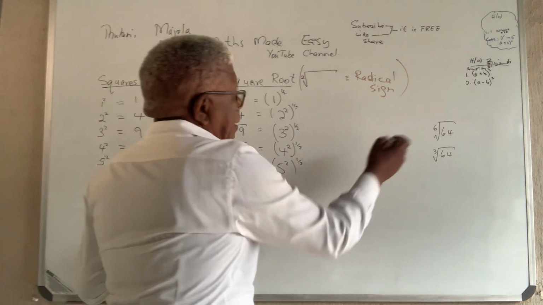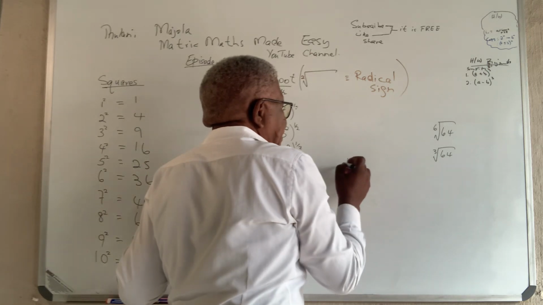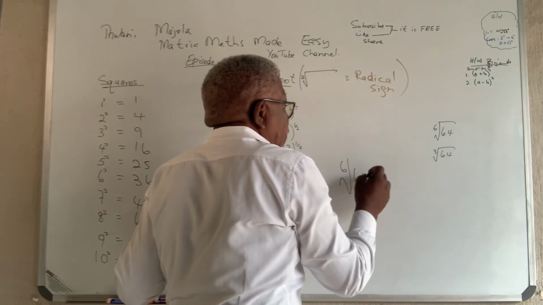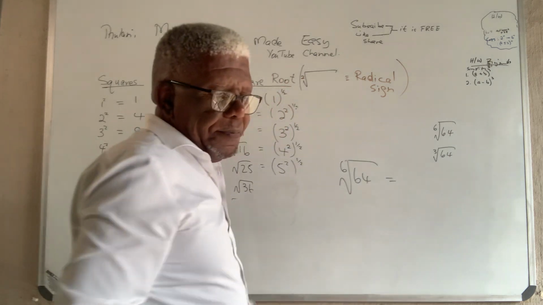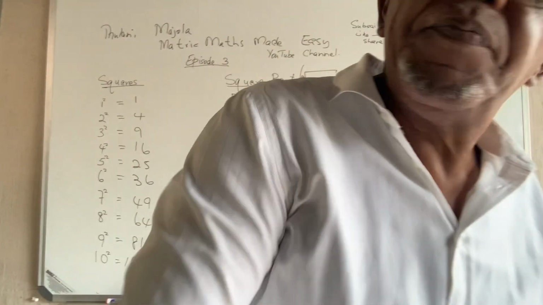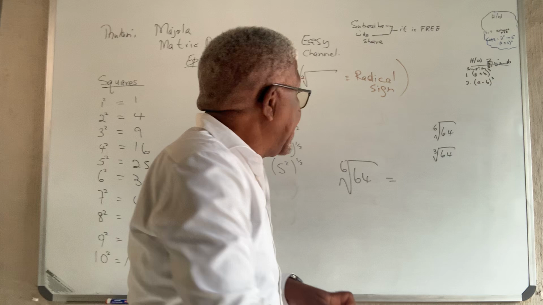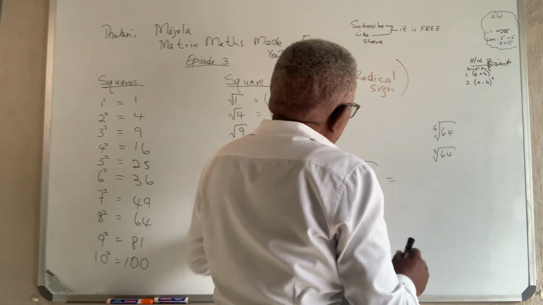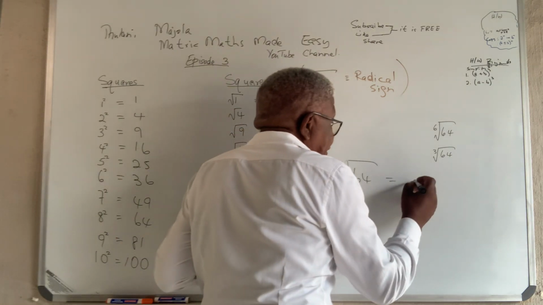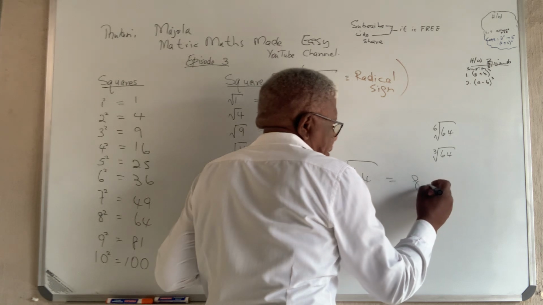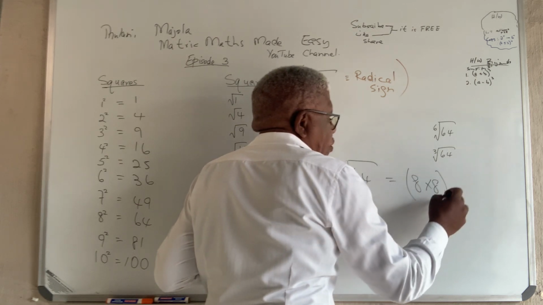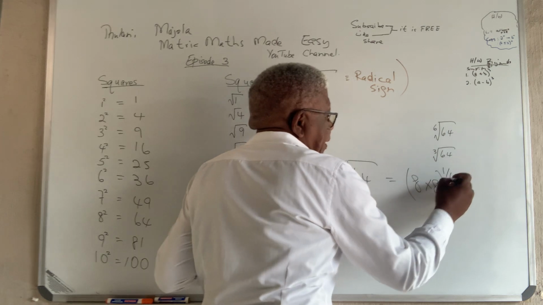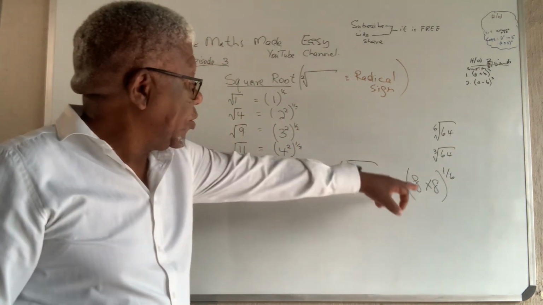So when I take 64, they say the 6th root of 64. Now that's where the prime numbers come into effect. You should know 64 is actually 8 times 8, it doesn't matter. So let's just say 8 times 8 to the power of 1 over 6. So we take this 6 to there.